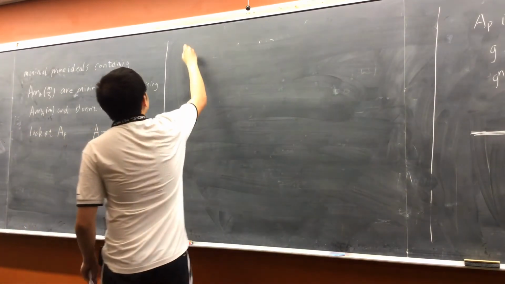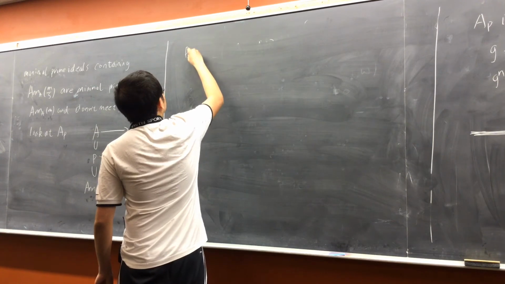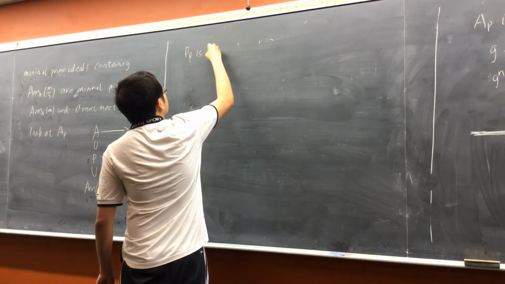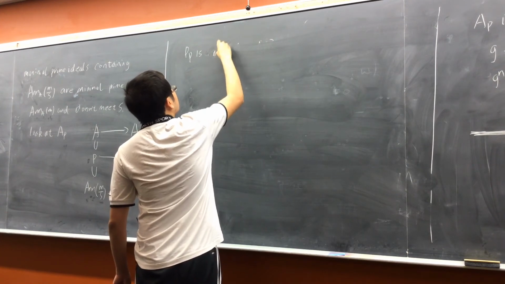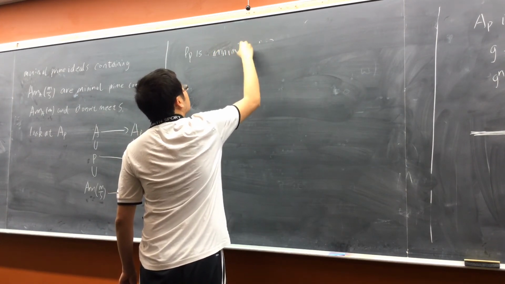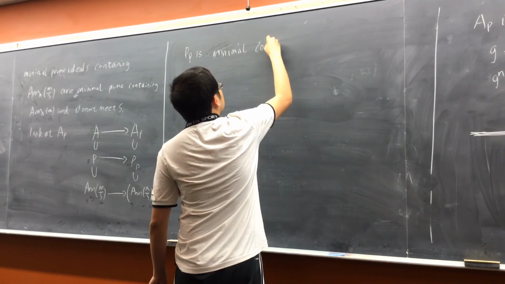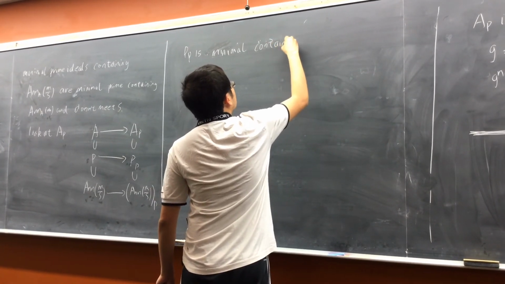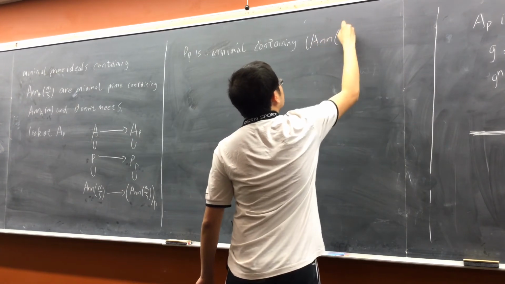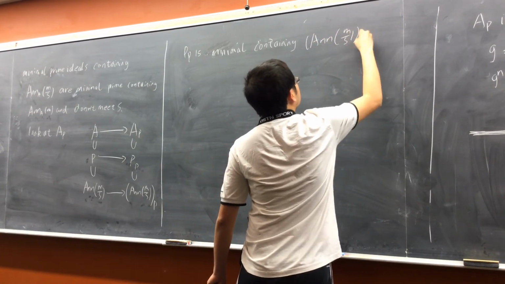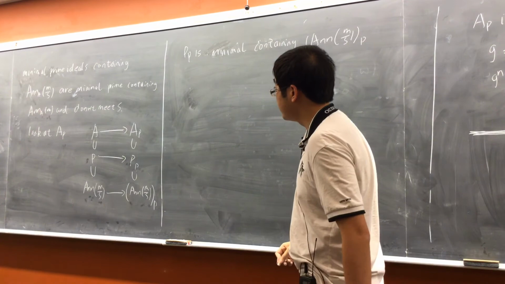And so P is the minimal prime containing this.